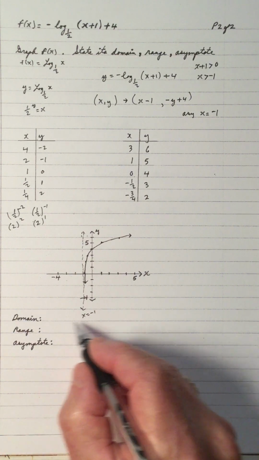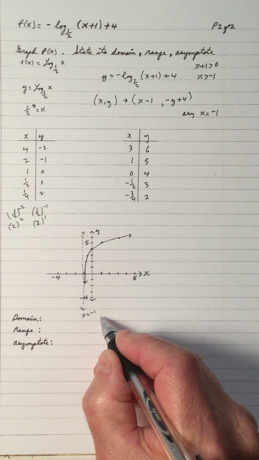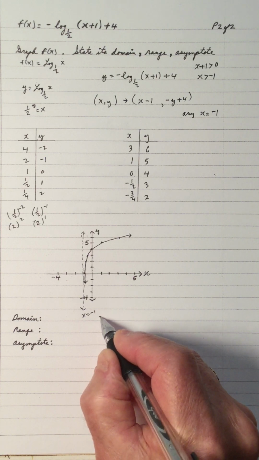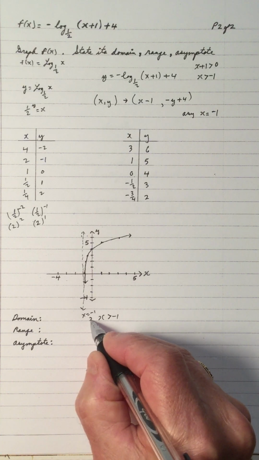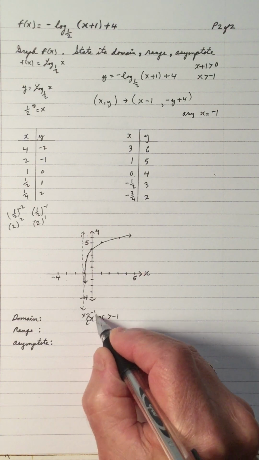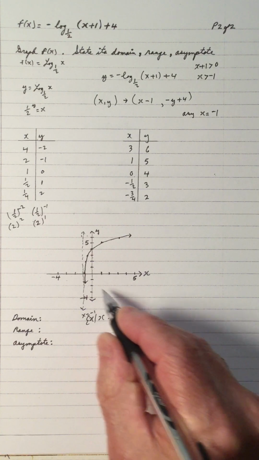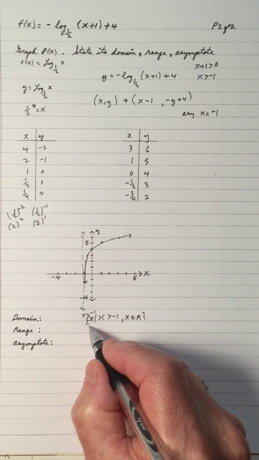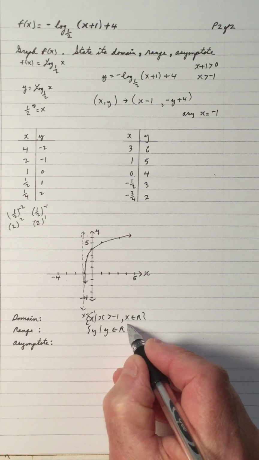And your domain, the domain is the x's, so the domain is the set of all x greater than negative 1, x belongs to the real numbers. So all x is greater than negative 1. The range is the set of all y's, so y belongs to the reals.